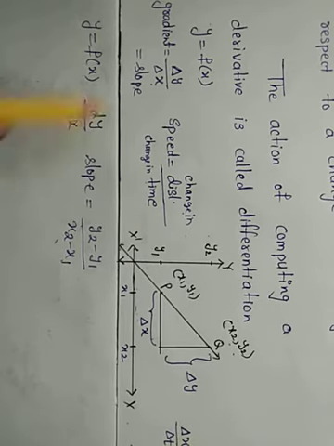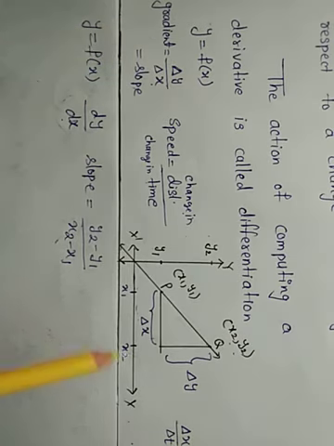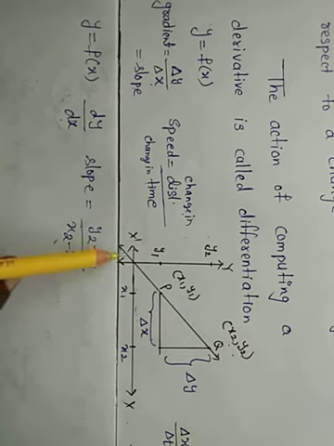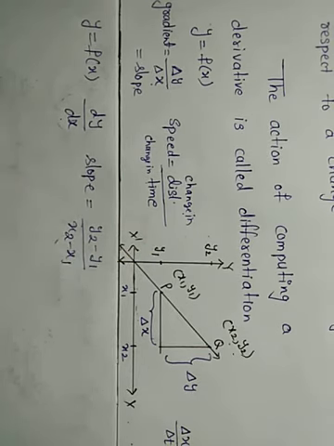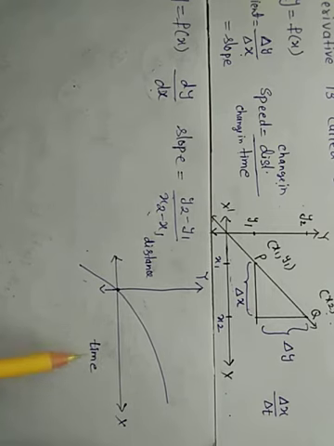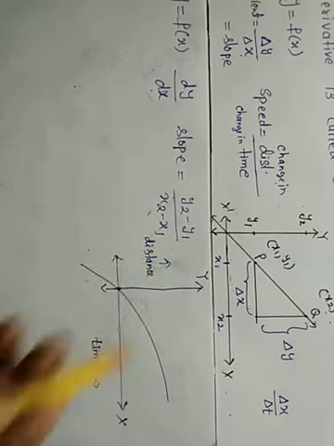You know it? Okay. Now, suppose, children, along the x-axis I am taking time t, and along the y-axis I am taking distance. This is a curve. Along the x-axis I am taking time, along the y-axis I am taking distance.